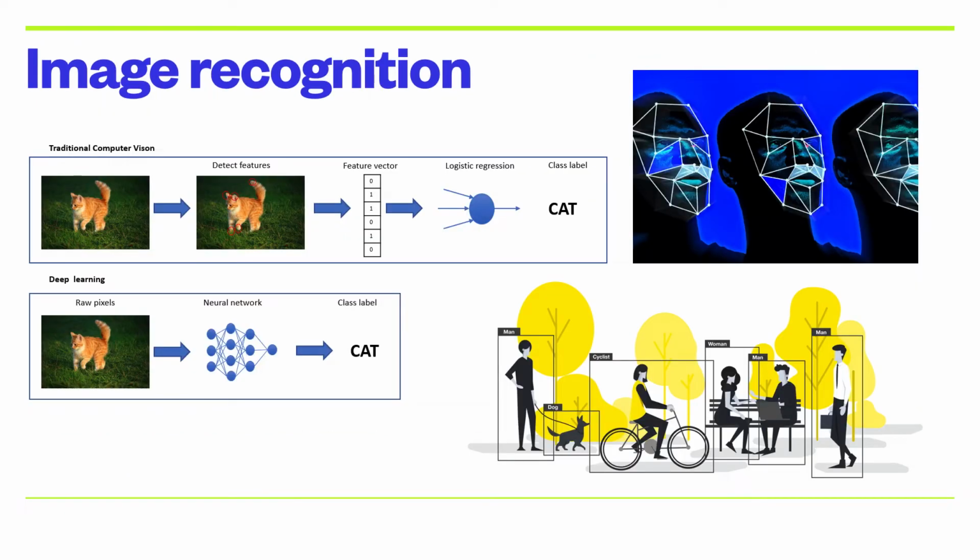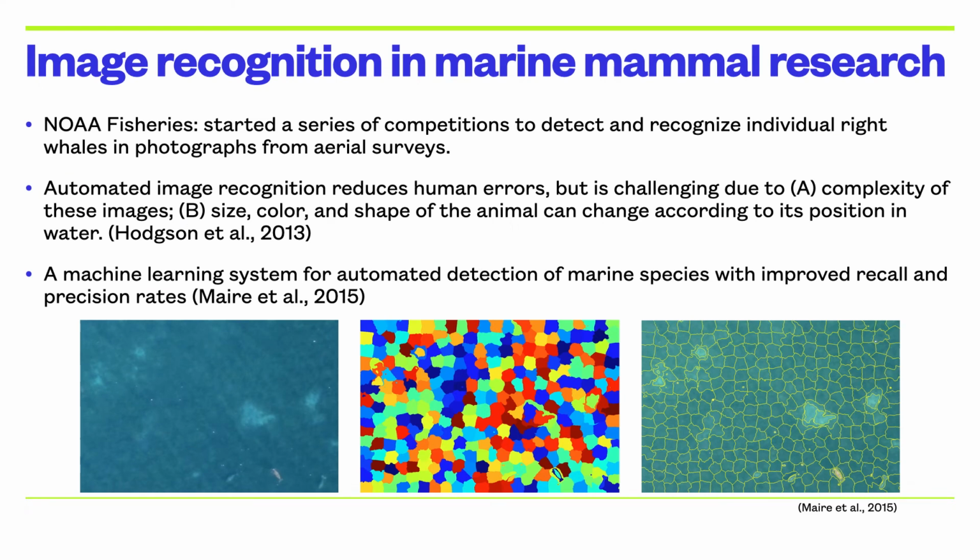The technology of image recognition is now widely used in daily life. Your cell phones and public security systems keep recognizing everything. And this technology has been used in marine mammal research.